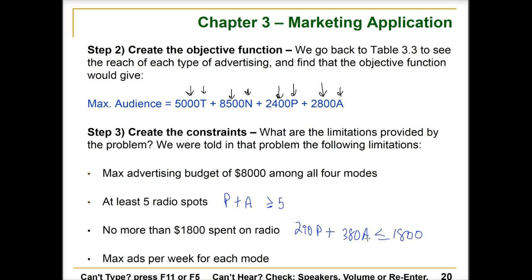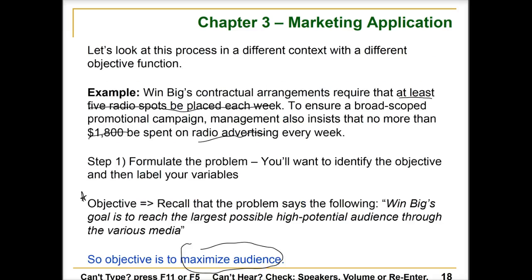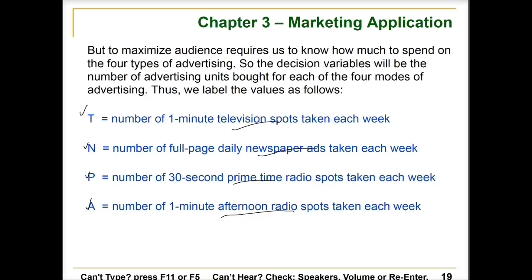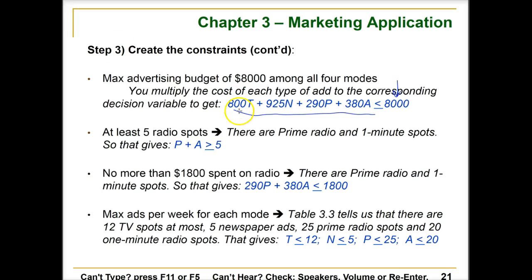And then maximum ads per week, we have those constraints as well. So if we come back here, we know that for TV, no more than 12, newspaper, no more than 5, primetime radio spot, no more than 25, and afternoon slot, no more than 20. And so when looking at it that way, we see how we actually come up with all these constraints here. So of course, prime time and afternoon has to be greater than or equal to 5 as far as the amount goes.